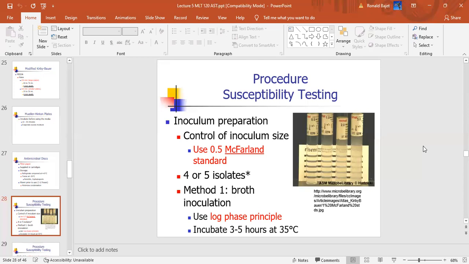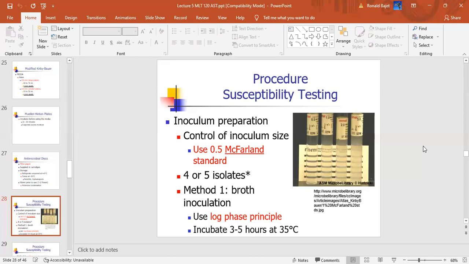So when you make your suspension, you're in TSB, nutrient media, and the organism is going to grow. This is the growth curve, then you get the plateau, and then you get decline. This is log phase.